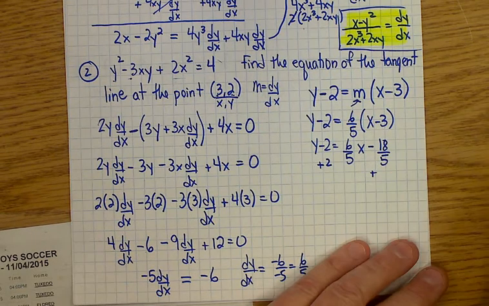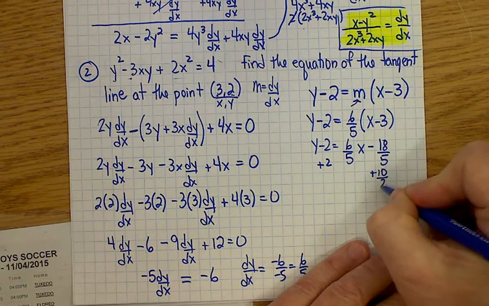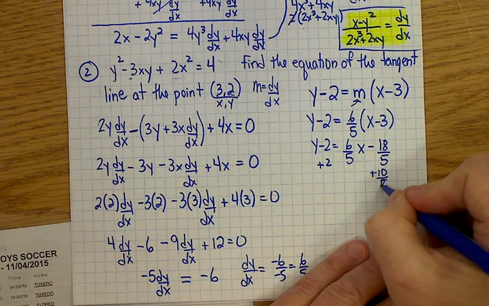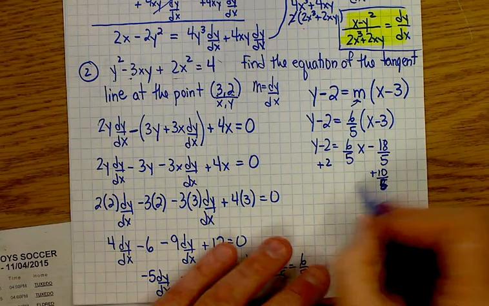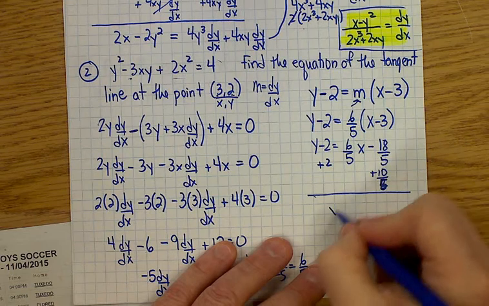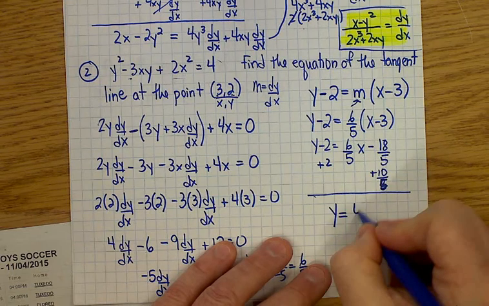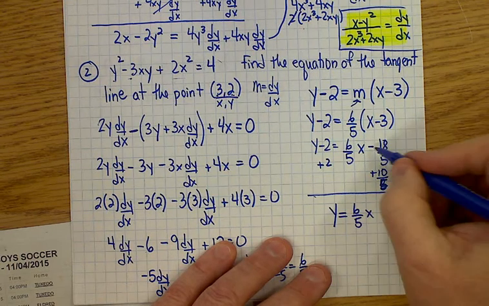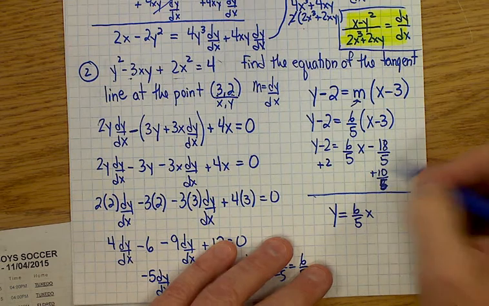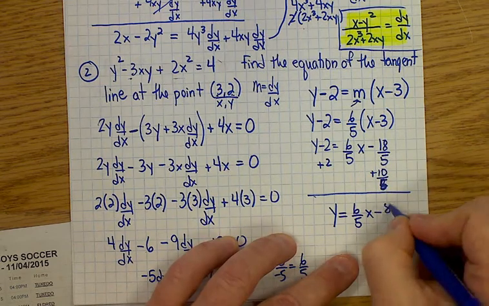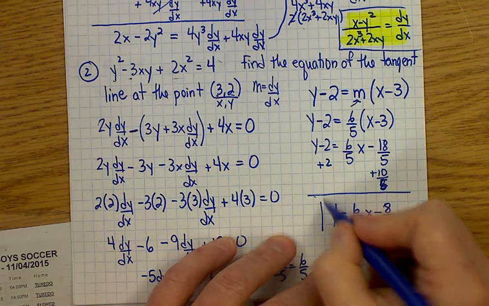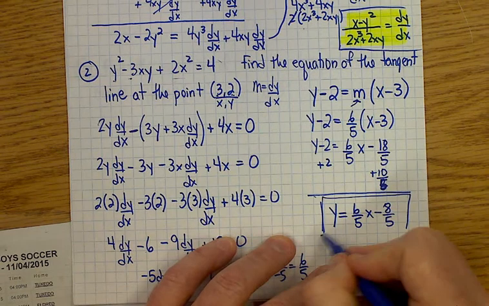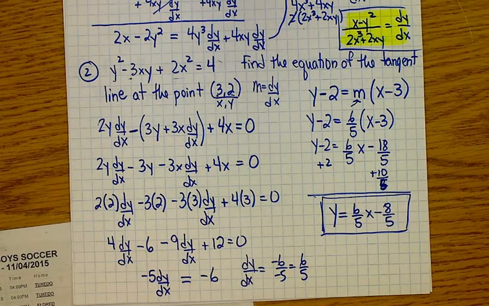So here's 2. Here's 2 in terms of fifths. Final answer, y is equal to 6/5 x, negative 18/5 plus 10/5, which is minus 8/5. There's the equation of a line tangent to the curve.